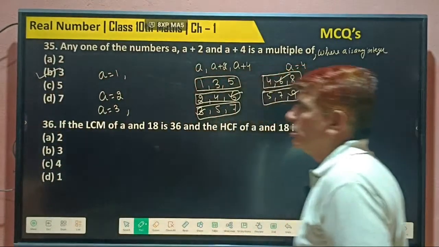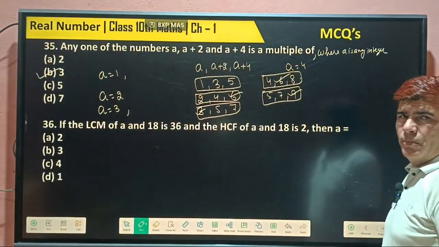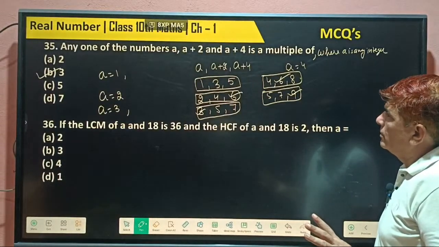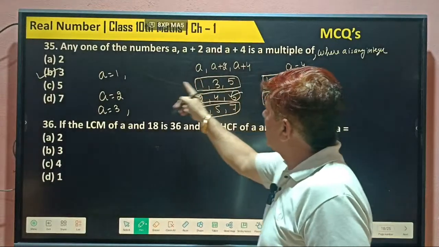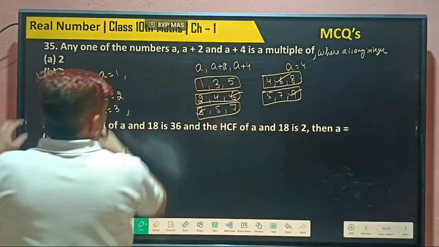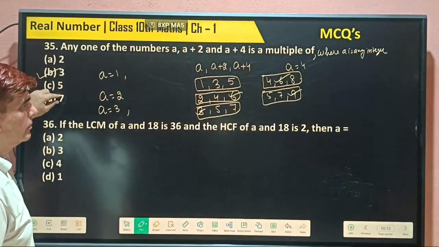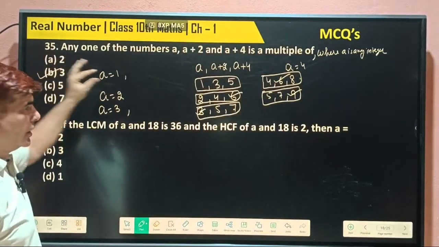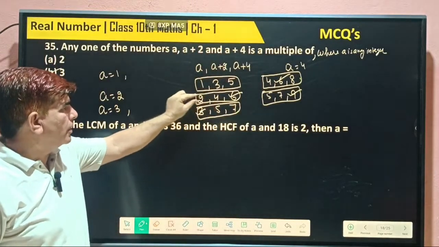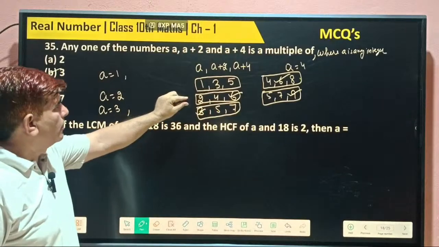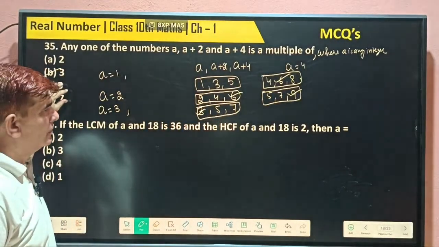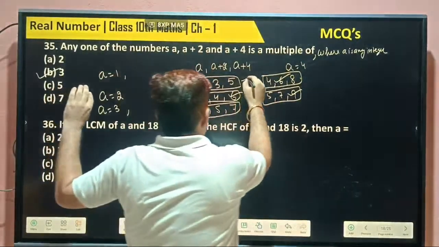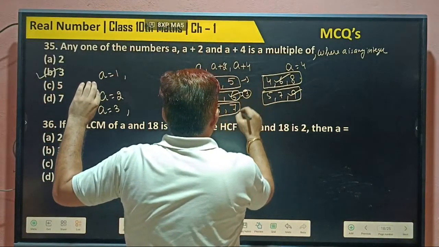Not understood? Yes or no? You can take an example. So look one time. The first one is not a multiple of 2 or 7, but is a multiple of 3. In the second, we have a multiple of 2 and 3, but not of 5 and 7. So here also a multiple of 3, here also, here also.